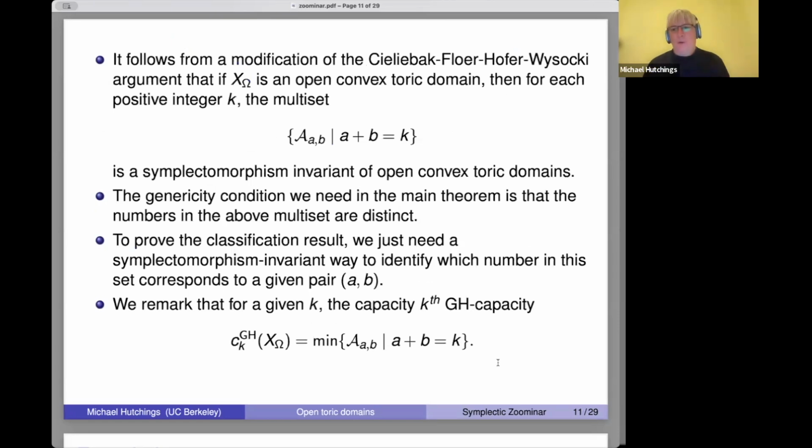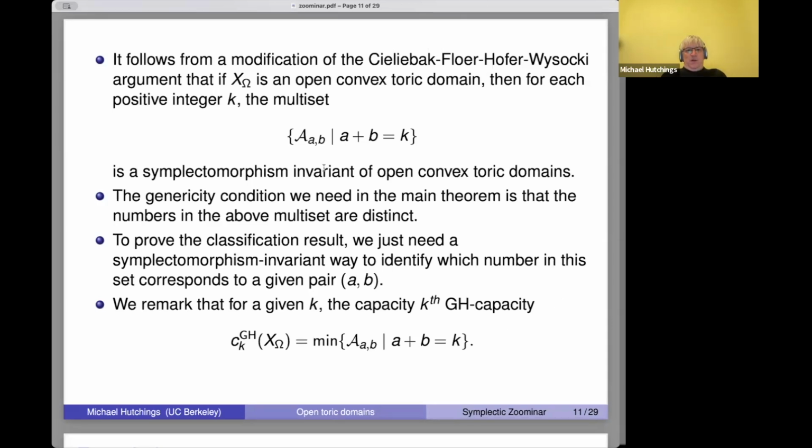Now, if we go back to this Hutchings-Hofer-Wysocki-Zehnder result, it doesn't quite apply as stated to a toric domain because the Reeb flow is degenerate on the toric domain. But you can modify their argument. You can still look at symplectic homology in an action window, and each of these tori is going to contribute a rank 2 subspace of the symplectic homology.